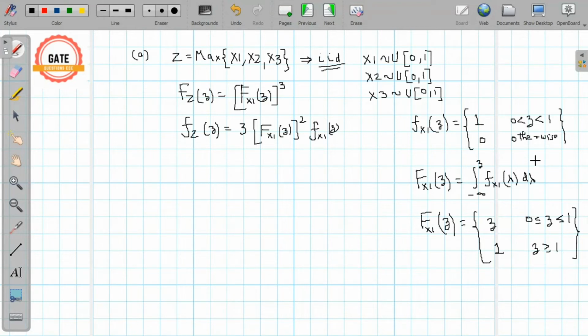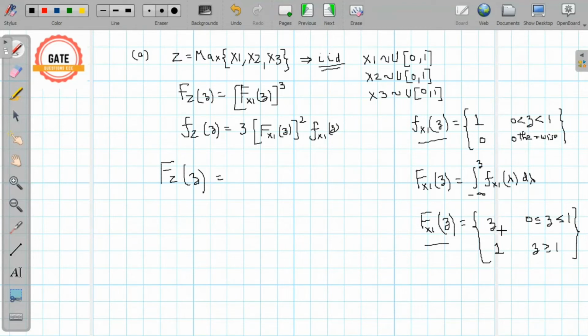So you can perform this integration by yourself and you can observe that this is the PDF and this is the CDF for x1, x2 and x3. Here I have calculated only for x1, but because they are identically distributed, the formula for the PDF of x2 and x3 will be the same. So now we can easily obtain that the CDF of z will be equal to the cube of this.